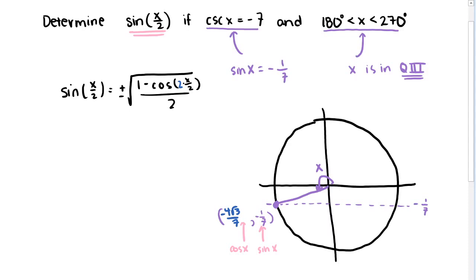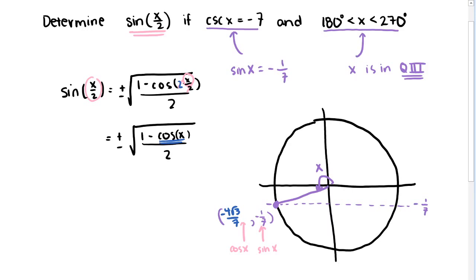Right, the idea here is that we're trying to figure out sine of some angle here, and we know that this angle is half of the angle x. And so we can use our half angle identity. So this is plus or minus the square root of 1 minus cosine of just x, over 2. But we know cosine of x.